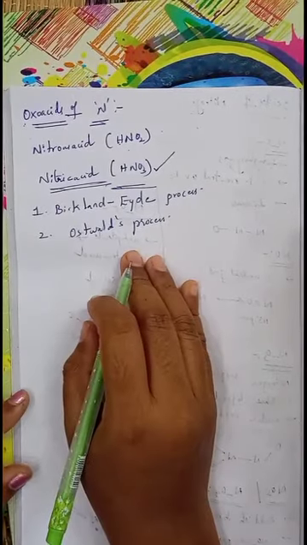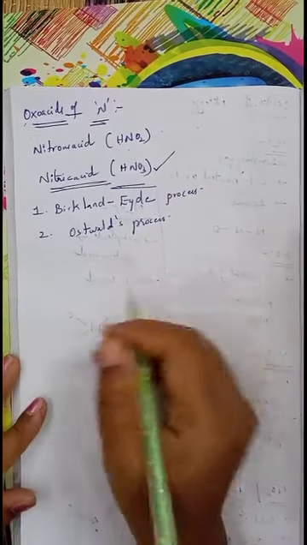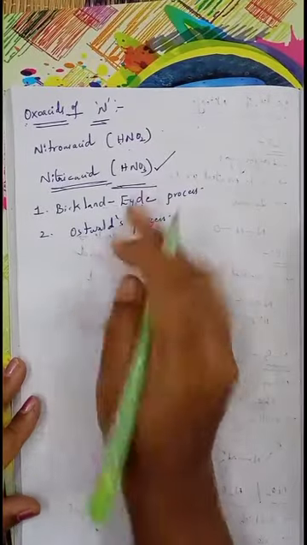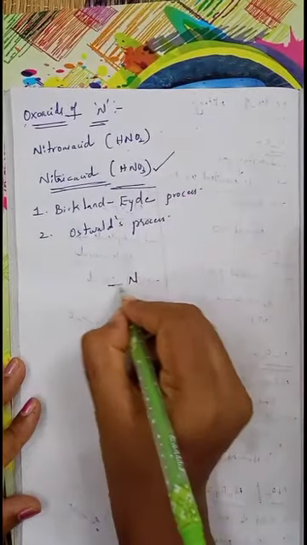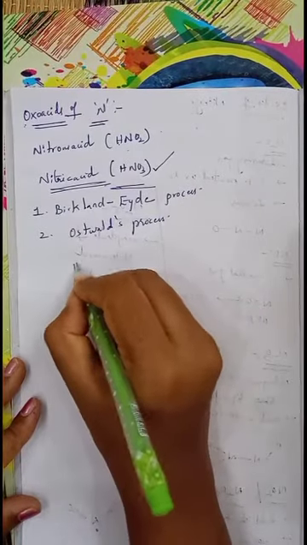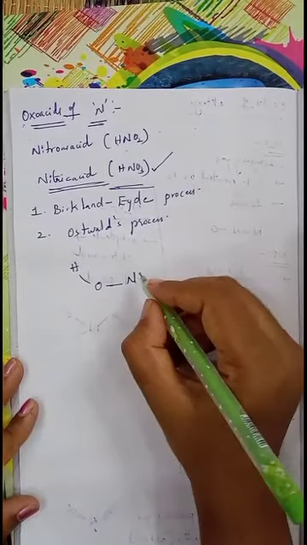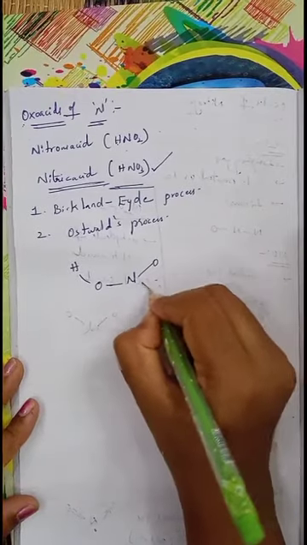If you see the structure of nitric acid, the central atom is nitrogen. This nitrogen is containing 3 oxygens. In that, one oxygen combined with hydrogen makes an OH bond. The other 2 oxygens are present on the nitrogen atom.